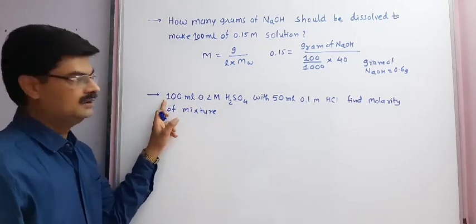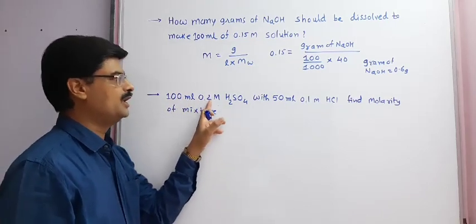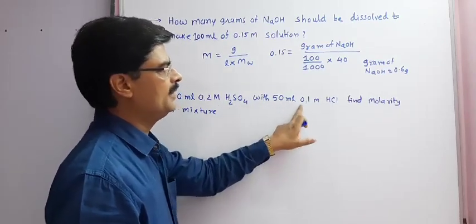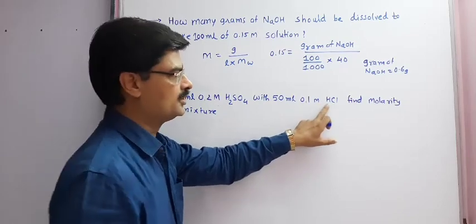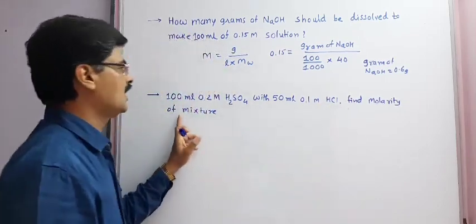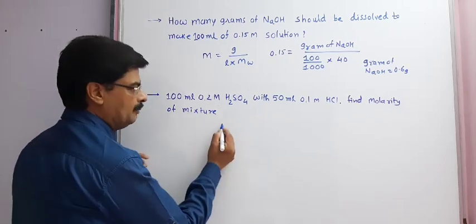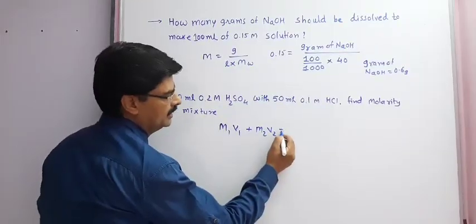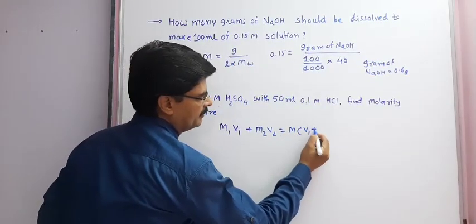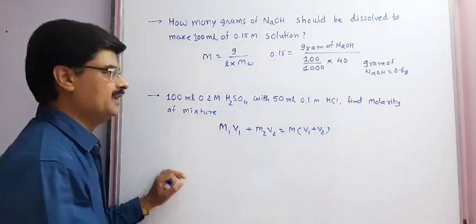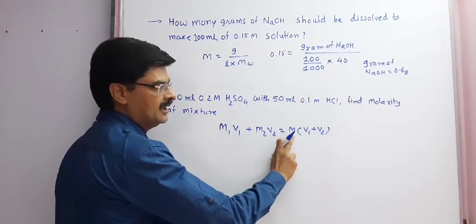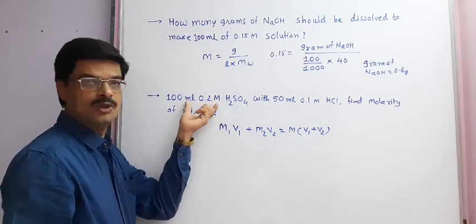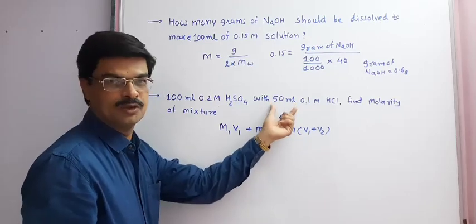Now in the next question, 100 ml of 0.2 molar H2SO4 is mixed with 50 ml of 0.1 molar HCl solution. We have to find the molarity of this mixture. Applying the formula M1V1 plus M2V2 is equal to M times V1 plus V2. It means the molarity of the mixture will be M, and M1V1 is from the first solution and M2V2 from the second solution.